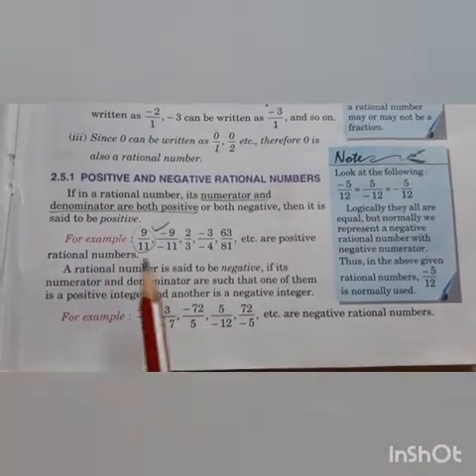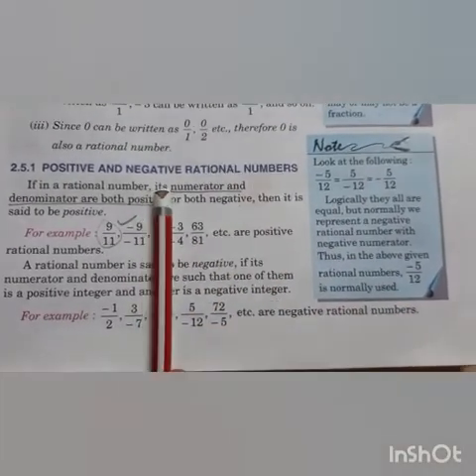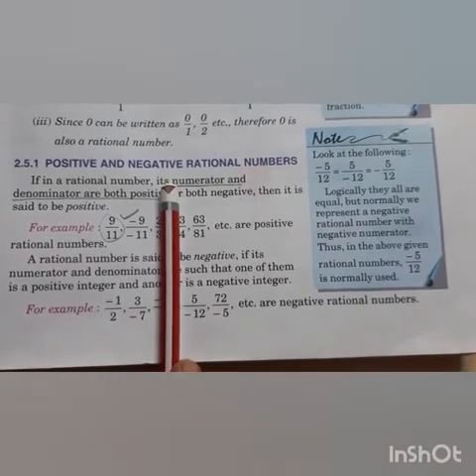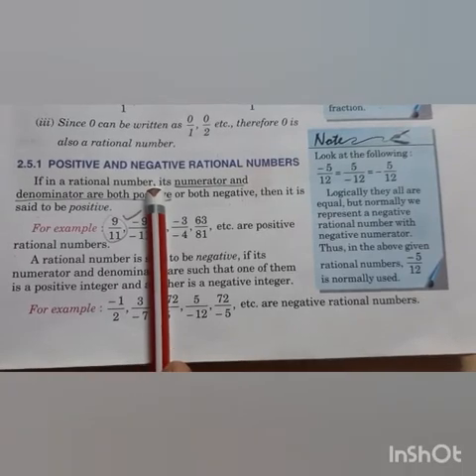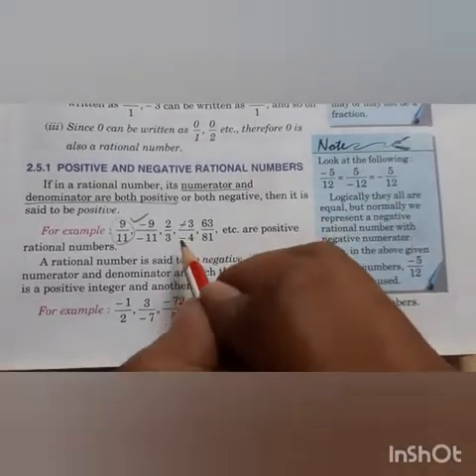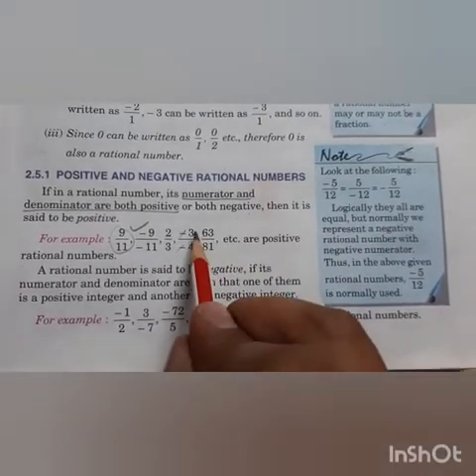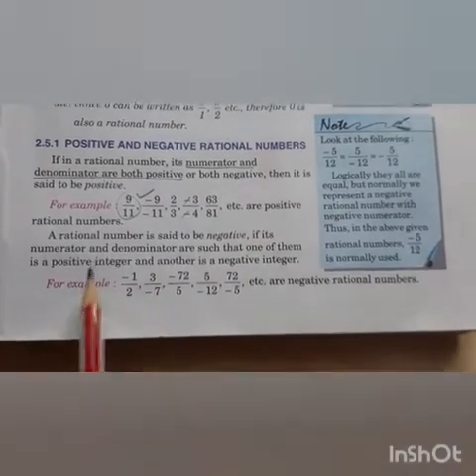Is it true? Yes. See, minus 3 upon minus 4, for instance. Think that it is written 3 upon 4. Is 3 by 4 a rational number? Answer is yes. But is minus 3 upon minus 4 also a rational number? Answer is again yes. Why? Because this minus sign and this minus sign will be struck off. So we are again left with a positive value. It will be known as a positive rational number.